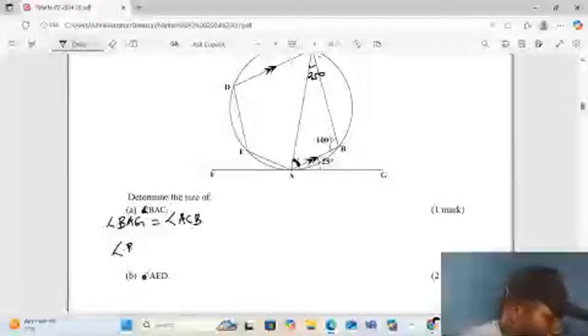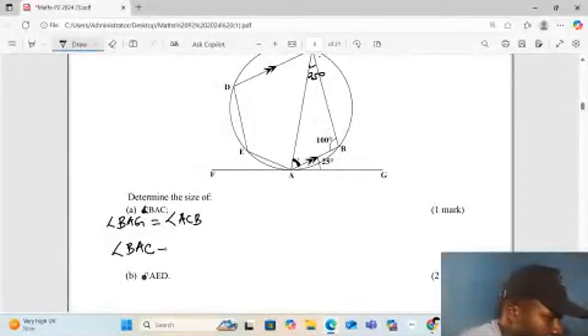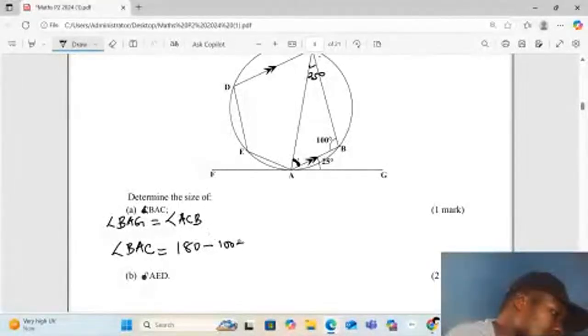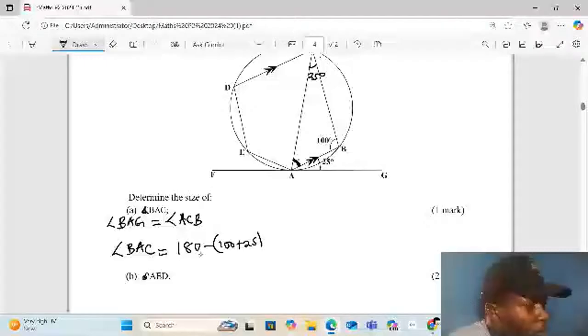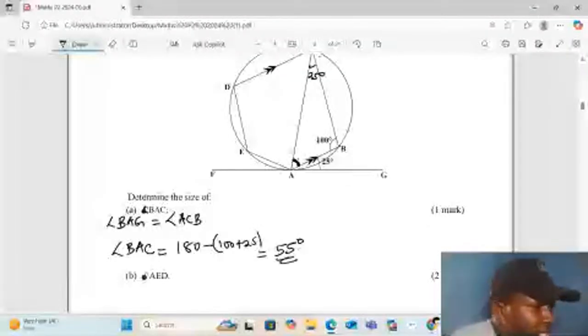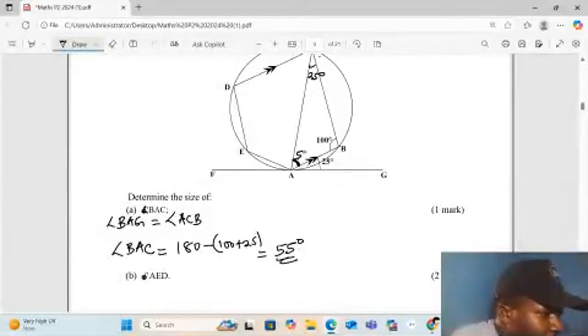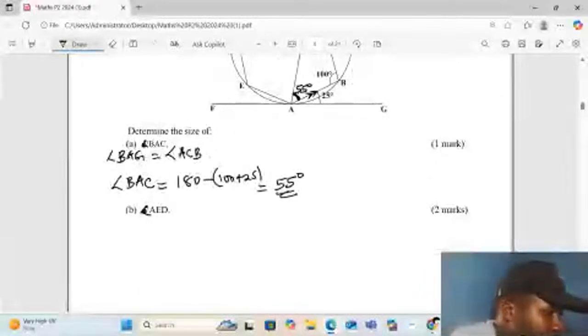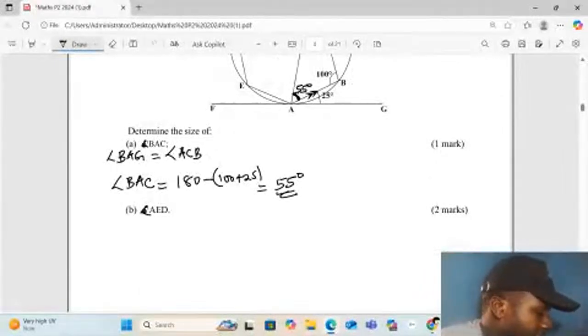Therefore, angle BAC is equal to 180 minus (100 plus 25), so you are going to get 55 degrees. That is how we find angle BAC. Then we are saying you also find angle AED.